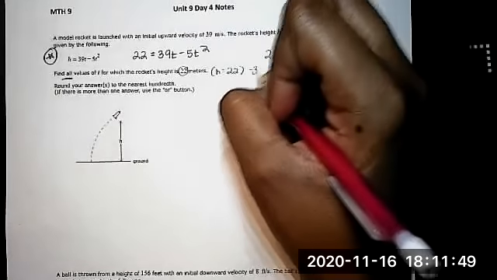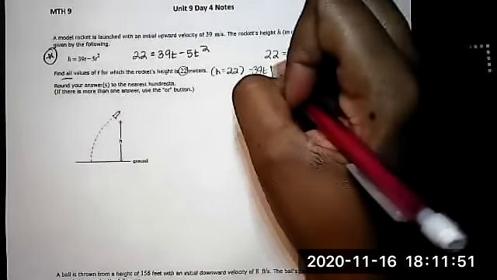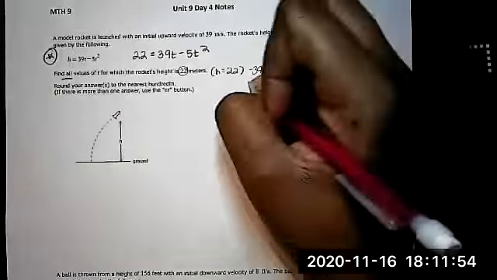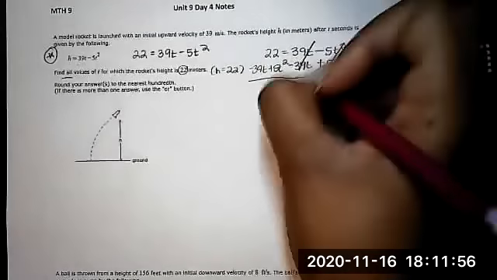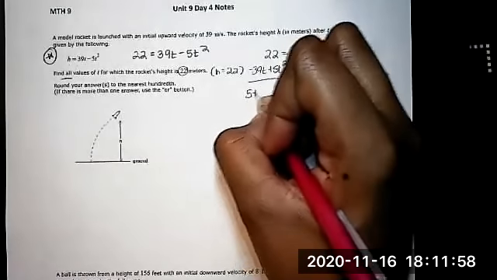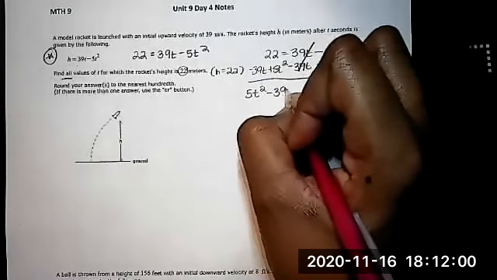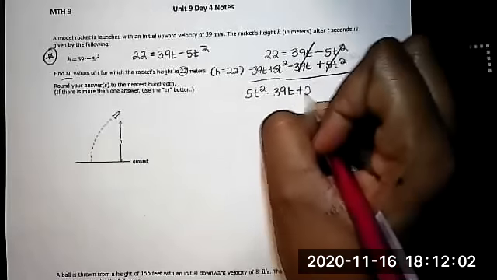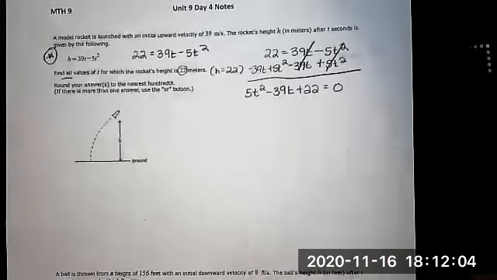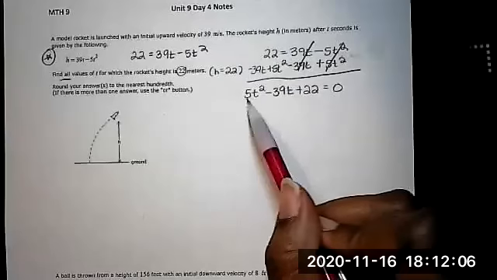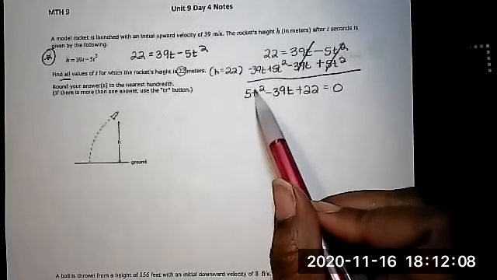And of course, I want that 5t squared to be first. So I'm going to say positive 5t squared minus 39t plus 22 equals 0.